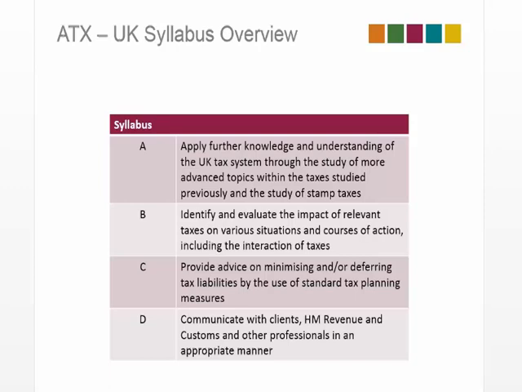This paper will give you an understanding of how all of those things would work from a tax point of view. So not just a paper that you need for passing and qualifying as an ACCA member, but I think also a paper that gives you some really, really helpful real-world experience in terms of how tax impacts us all in our everyday lives.